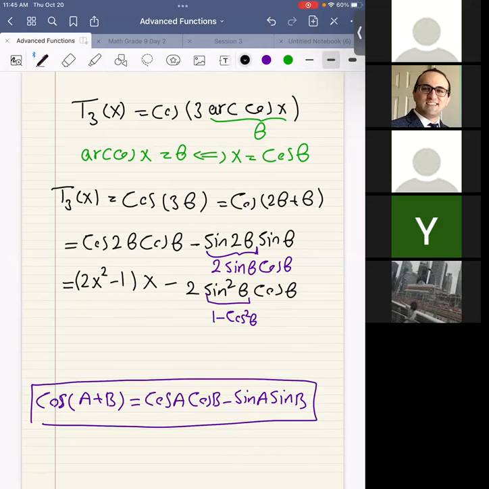So here, this is equal to, I just rewrite, 2x squared minus 1 times x minus 2 times 1 minus cosine squared of theta times cosine of theta. Right?